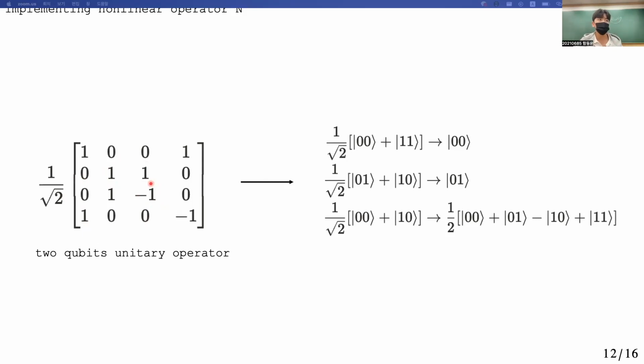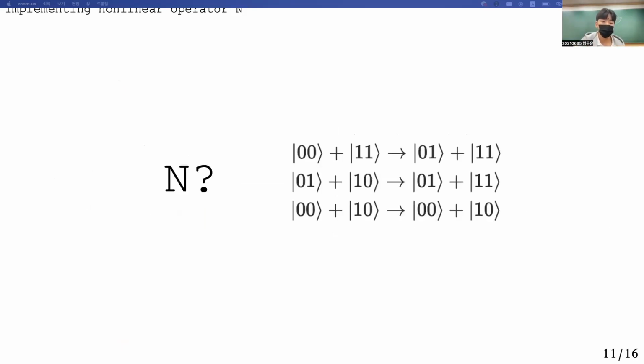Because matrix multiplication is linear, this matrix is just used for implementing n. It's not nonlinear, it is linear, but using this two-qubit unitary operator and the other two simple nonlinear operators and the NOT gate, we could make this nonlinear operator n.